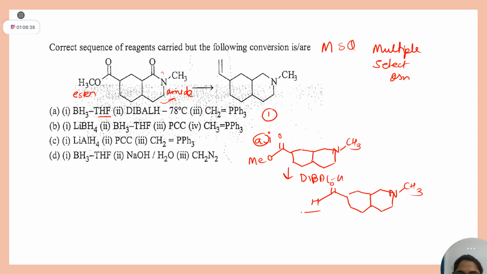Now Wittig, unstabilized ylide. This will be the product, and you want this only. So option number A is exactly correct.